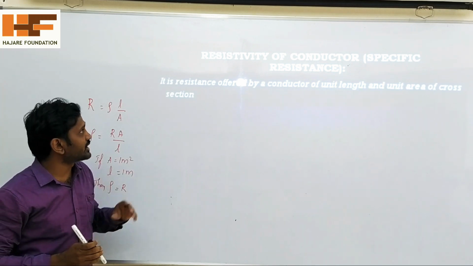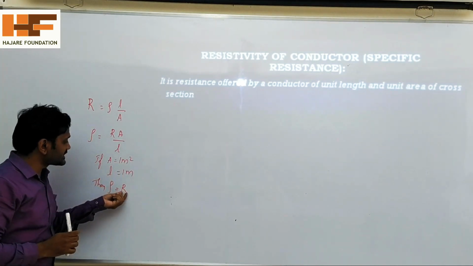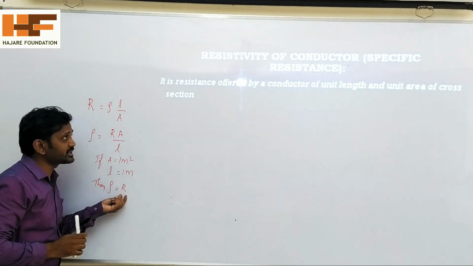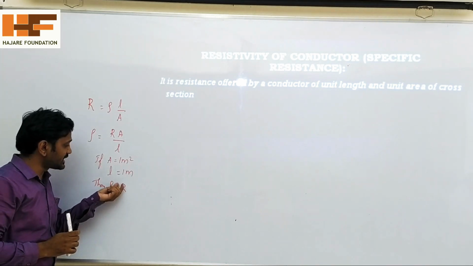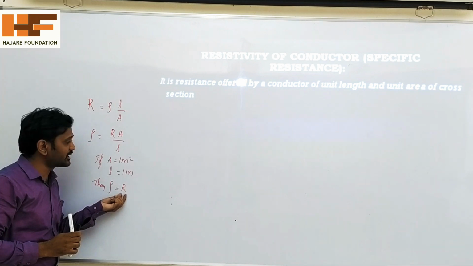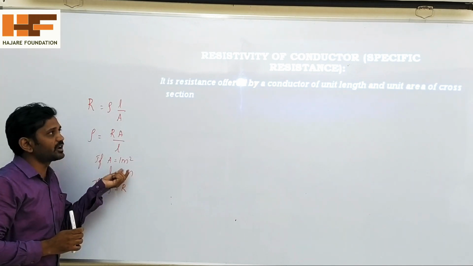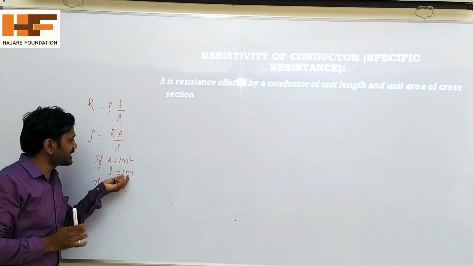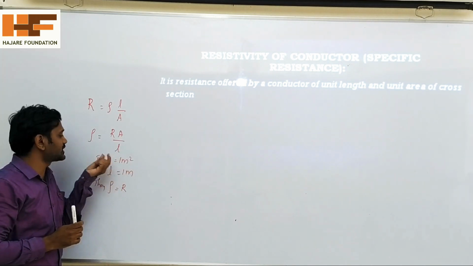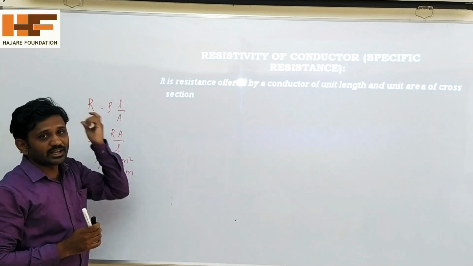The resistivity is defined as the resistance offered by a conductor of unit length and unit area of cross section. That we can call resistivity.